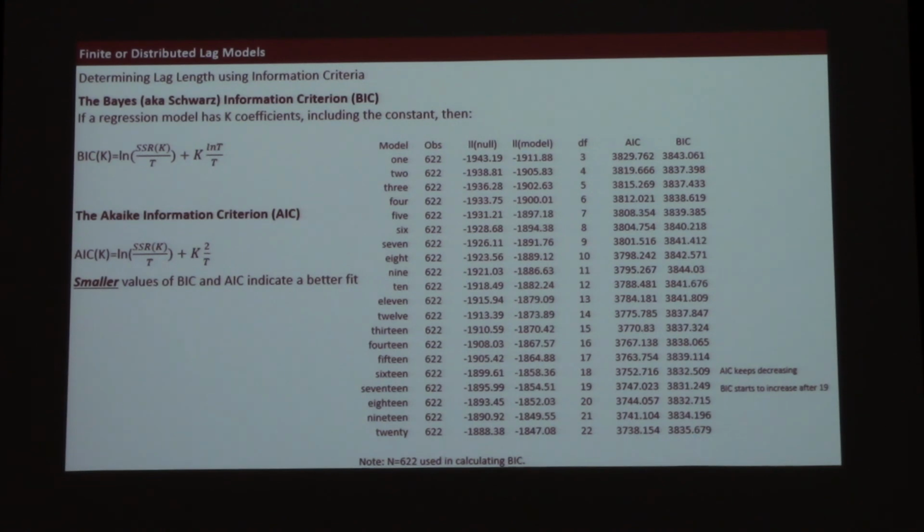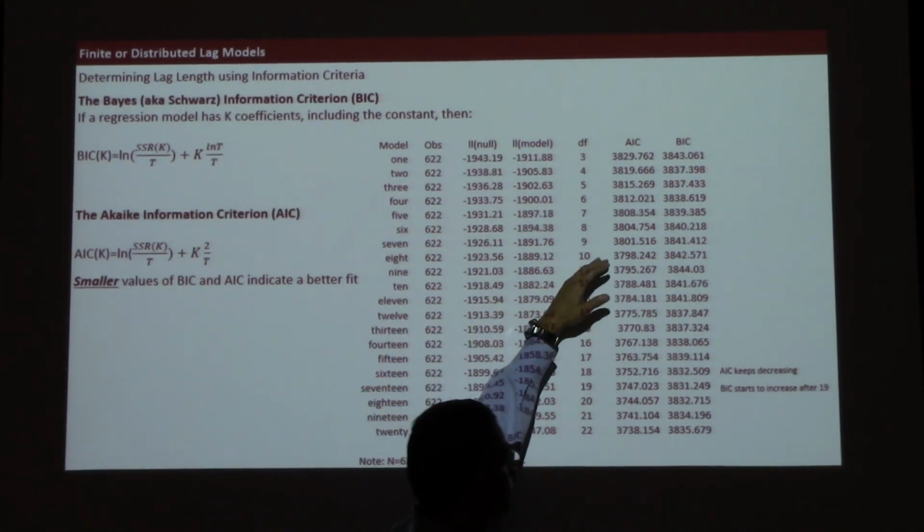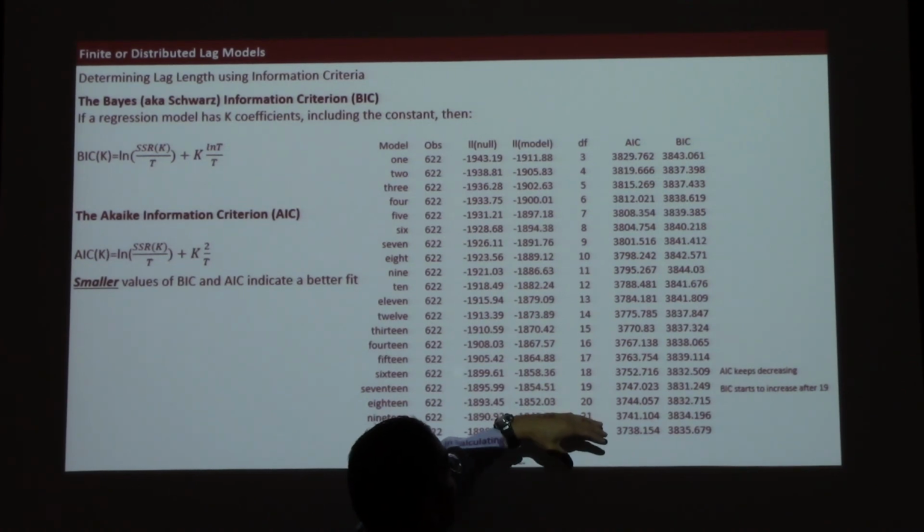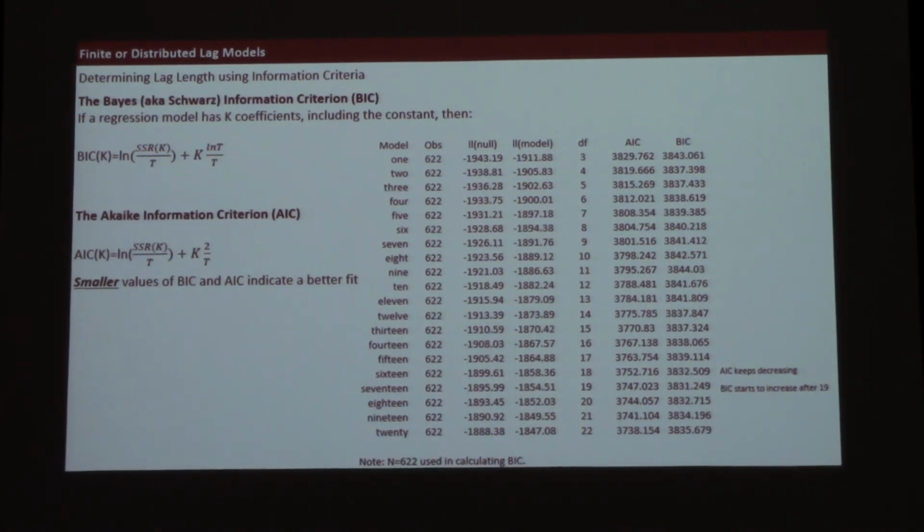Remember, Bayesian information criteria, smaller value is better. We're going to construct this table. Information criteria are one of those post-regression things, so we're going to run a regression. So what we basically did was run 20 regressions. 1 lag, 2 lags, 3 lags. We saved all those information criteria, then we constructed a table.